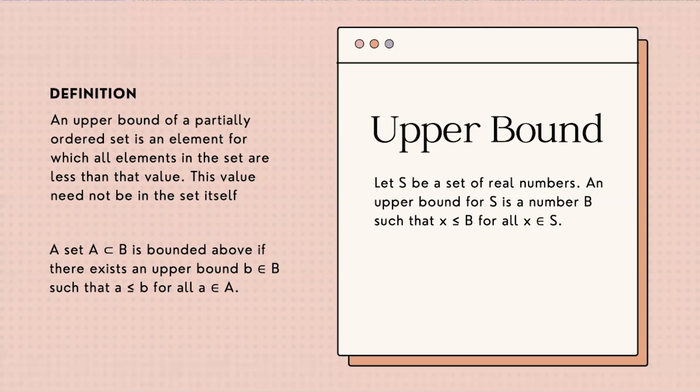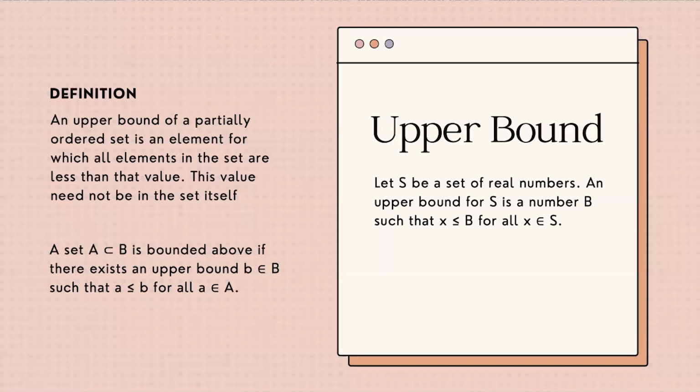So suppose we have set S as a set of all real numbers. The upper bound of your set is a number B such that all elements of your set S are less than or equal to B. Okay, what if we deal with subsets? How do we describe an upper bound?